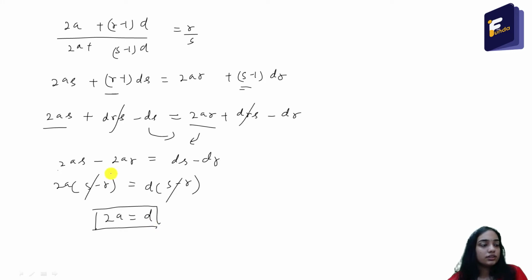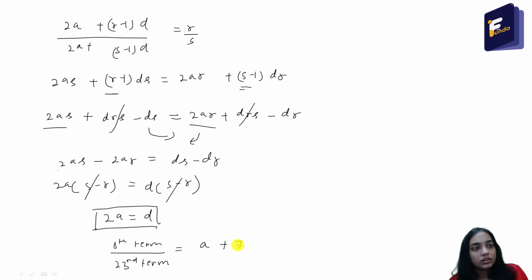So 8th term by 23rd term equal to a plus 7d by a plus 22d. Now we use the condition that d equal to 2a.